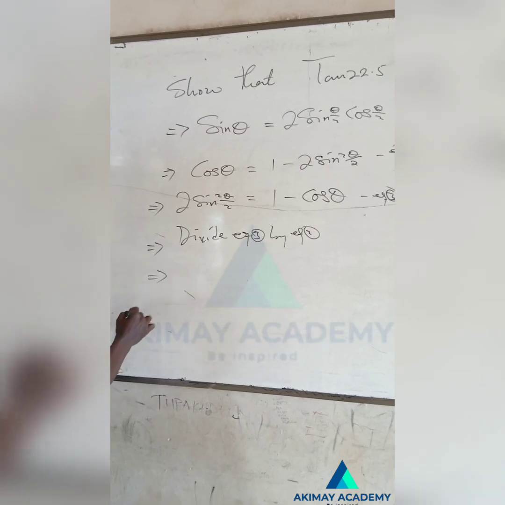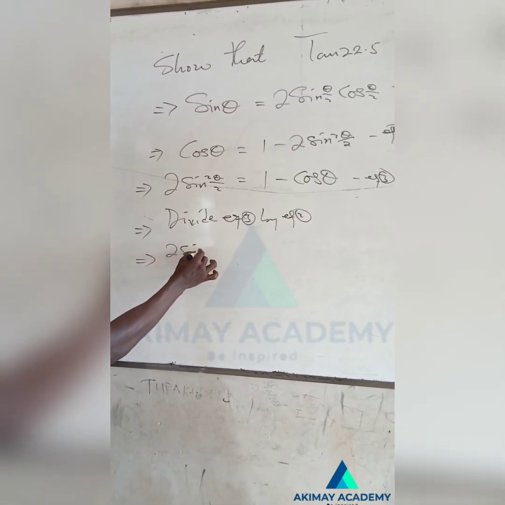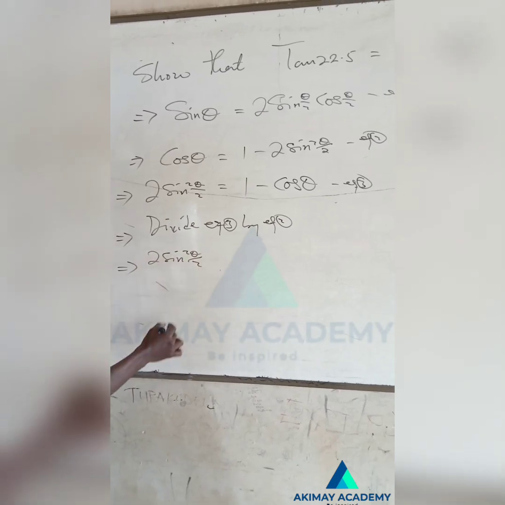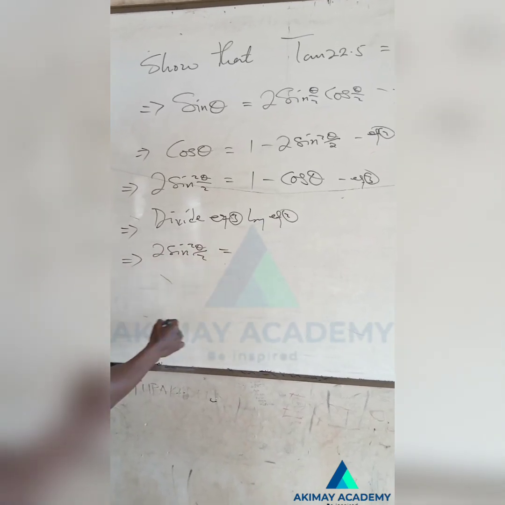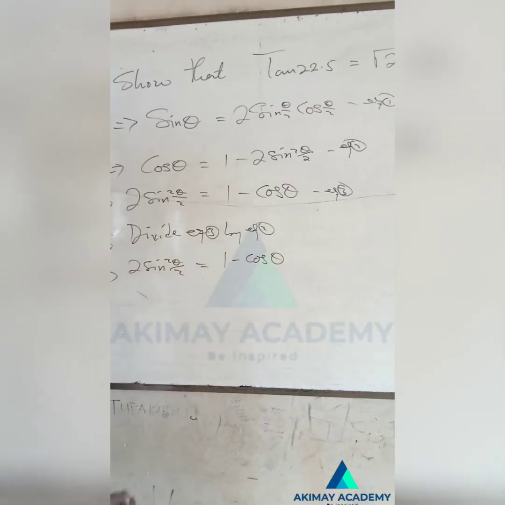So we are going to have equation 3, which is 2 sine square theta on 2 equals 1 minus cos theta.